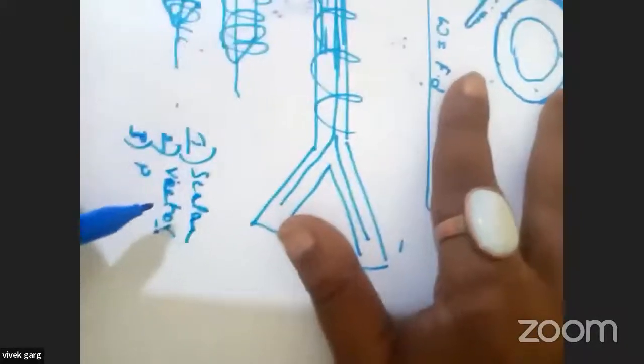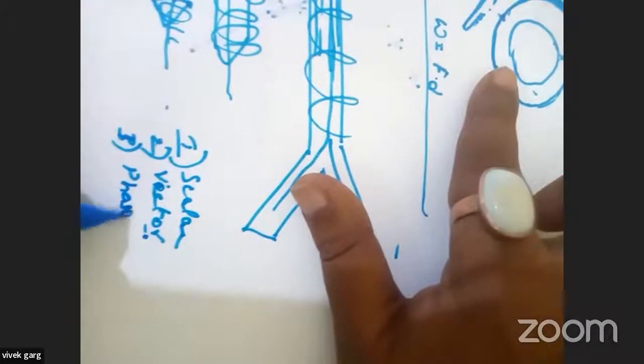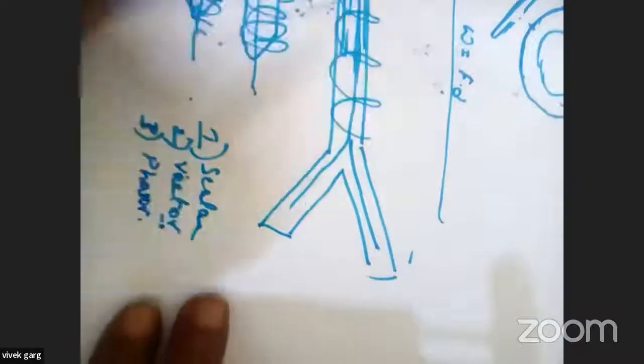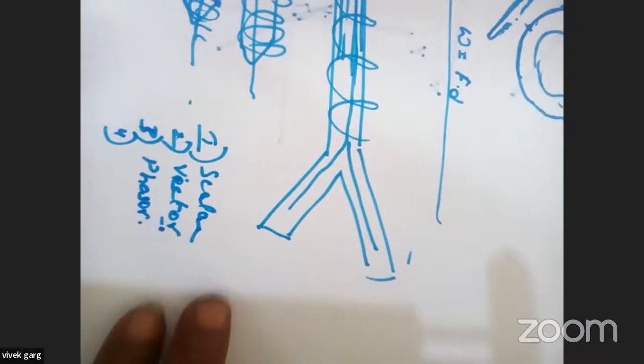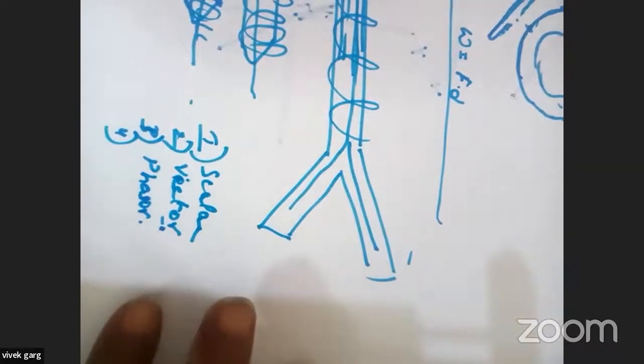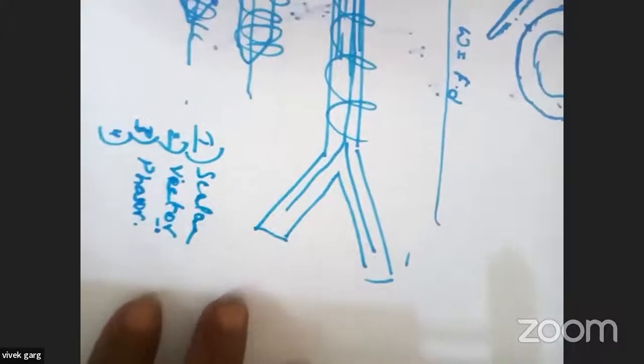Vector is always 1 dimension. Phasors are 2D. Tensors are 3 dimensional, but multiple directions. Tensors are always 3 dimensional, multiple directions.